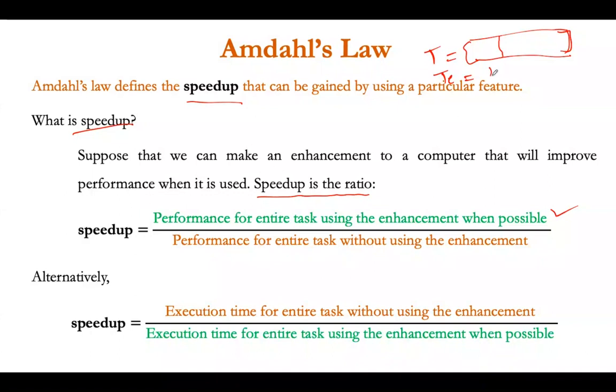So it may reduce this execution time to this one. So before enhancement this, after enhancement this, that gives the speedup. So the performance for the entire task using the enhancement when possible divided by the performance for the entire task without using the enhancement will give this speedup as per Amdahl's law.